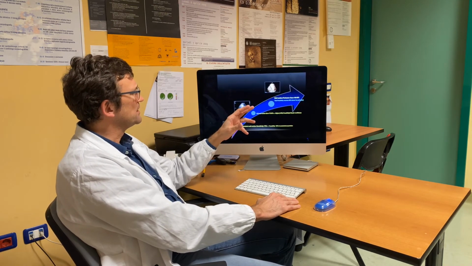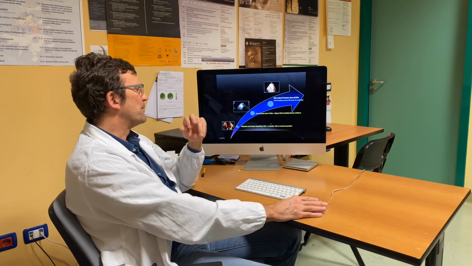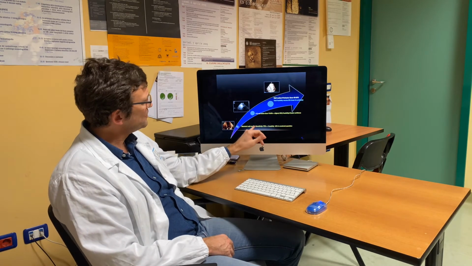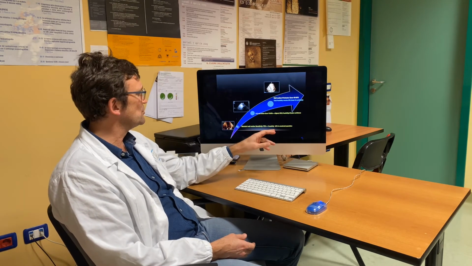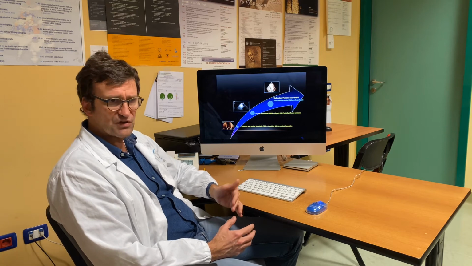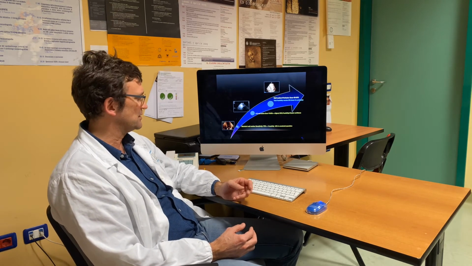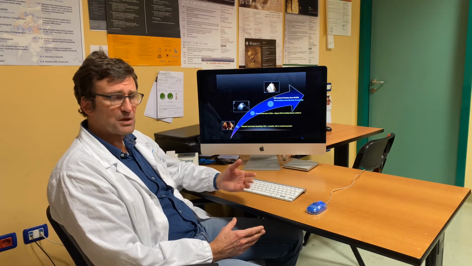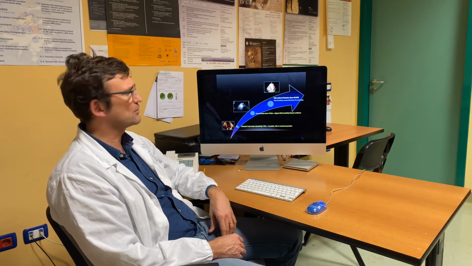So we build a concept which is based on more or less, the numbers may change and depend on the population that you are assessing, but when you use standard wall motion stress echo, whatever the stressor you use, you have a sensitivity that is for sure not beyond 70%. I doubt it. Maybe it's more 50 or 60%. But you also have feasibility which is not 100%, because you have poor acoustic windows, and that happens in clinical routine.